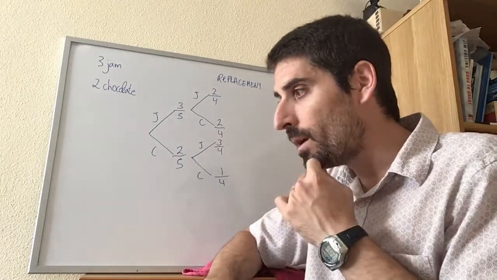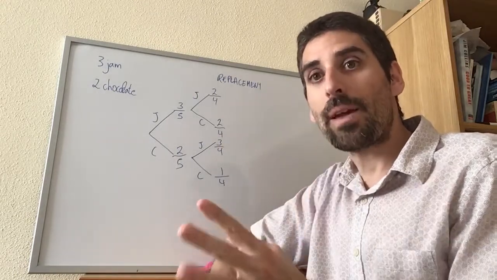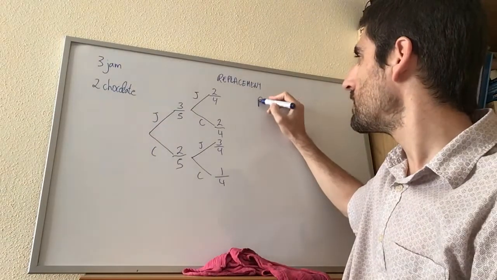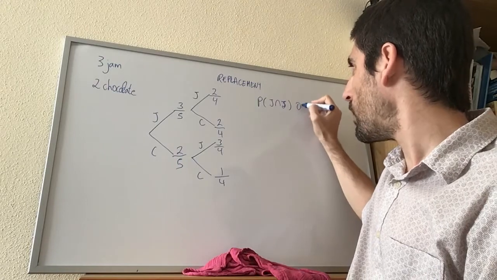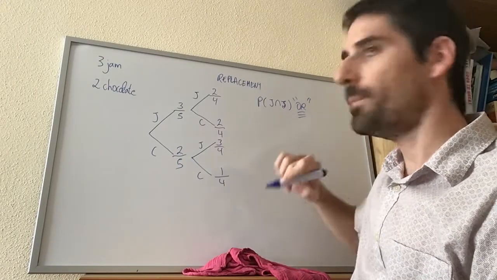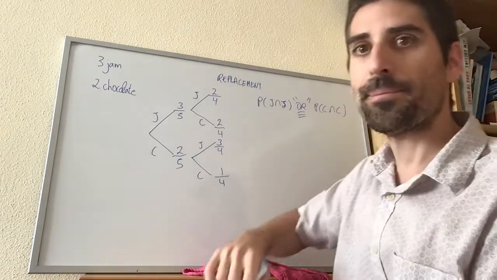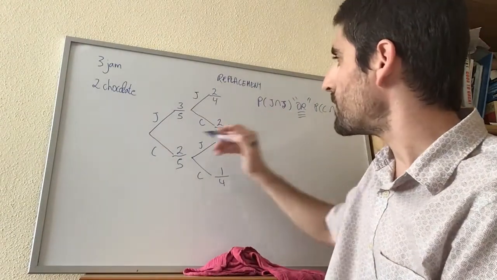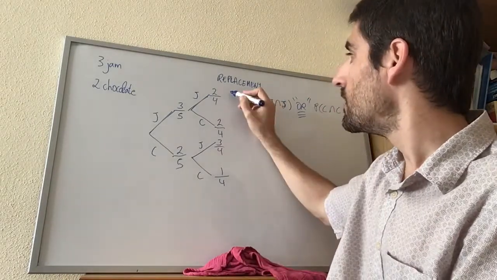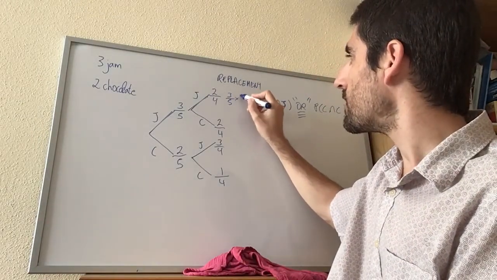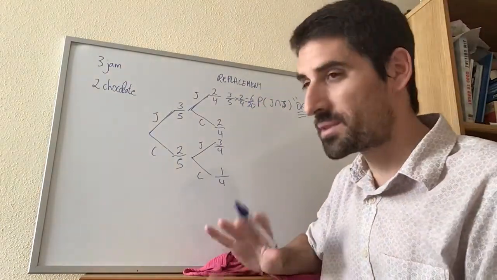Okay. What was the probability of both donuts being the same flavor? So I'm looking for the probability of jam and jam, or, big important, the probability of chocolate and chocolate. Okay, the probability of jam and jam is going to be 3/5 times 2/4, which is 6 out of 20, and I'm not going to simplify, I'm going to leave it there.